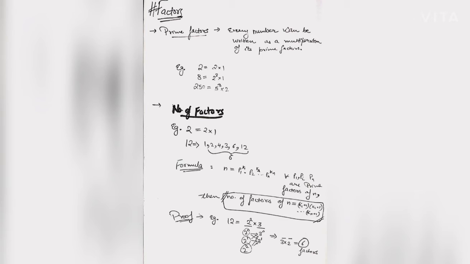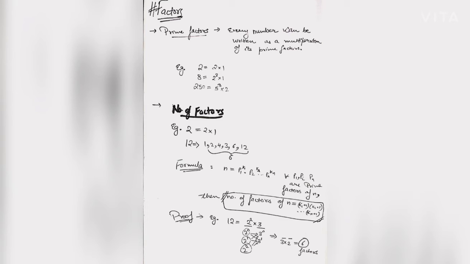So let's see the proof. As we discussed about prime factors earlier, 12 can be written as 2 raised to the power 2 multiplied by 3. So let's make columns and rows of this, a table of the number of factors of 12. Here goes 2 to the power 0, to the power 1, to the power 2, and on the right side there are 3 raised to the power 0 and 3 itself.